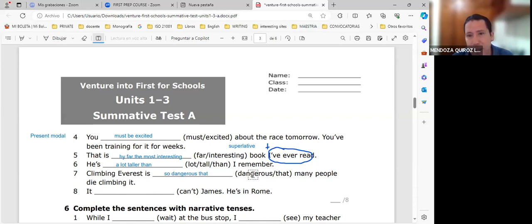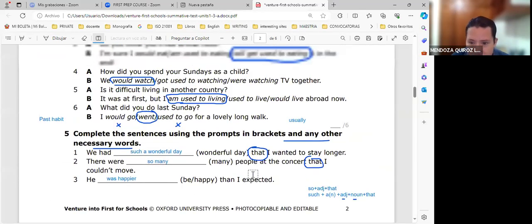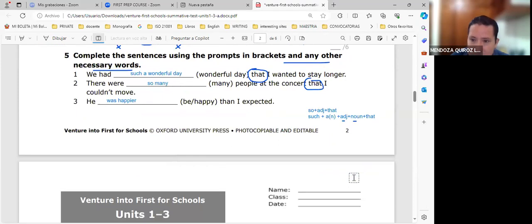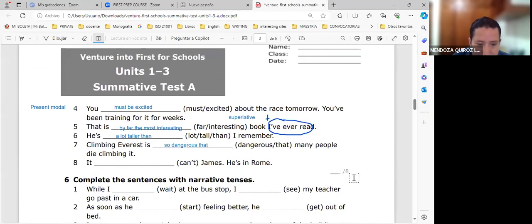But if I give you an adjective and a noun, a dangerous mountain, you have to say, Everest is such a dangerous mountain that a lot of people die climbing. Don't forget, the trick is here: so plus adjective plus that, or such plus a or an plus adjective plus noun plus that. Number 8, Mario.